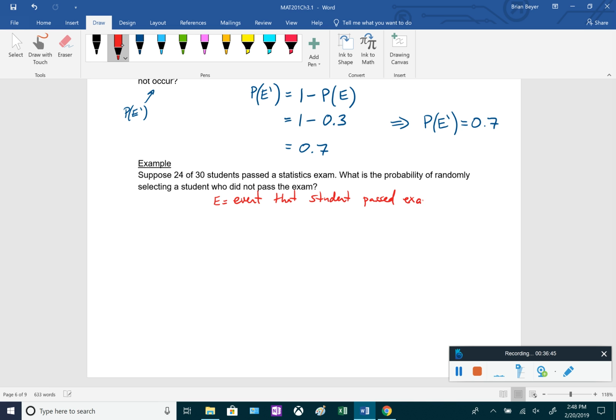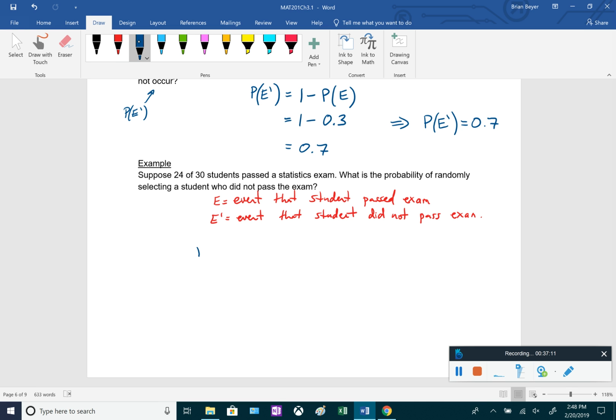So it is good to label your events like this. If that's the event E, then event E complement is going to be the event that the student did not pass the exam. So we're looking for the probability that the student did not pass.